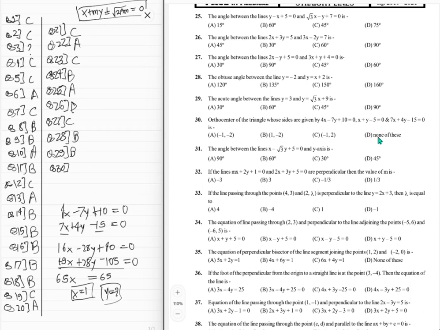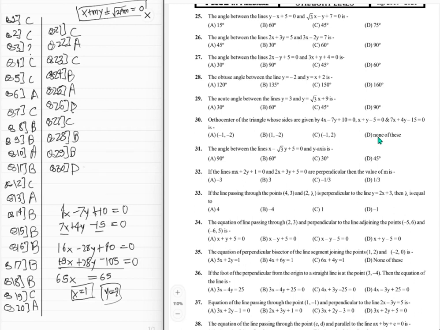Yeah, we did everything correctly. I'm pretty sure. Of course we did. x equal to 1. Then from there, 4y equal to 15 minus 7, which is 8. So y equal to 2. And it's not there. So none of these.